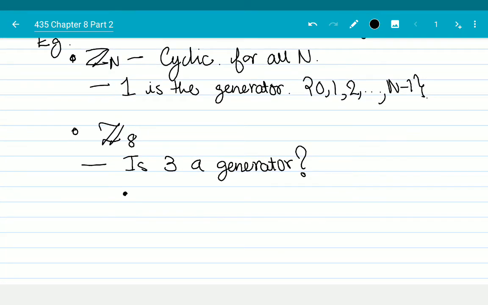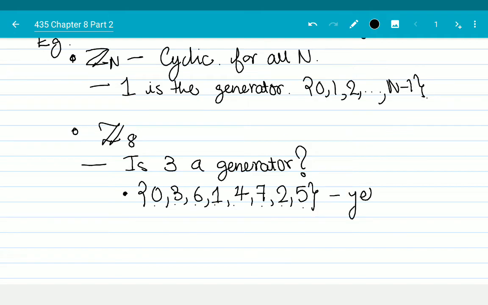Let's check. 0, 3, 3 plus 3 is 6. 6 plus 3 is 9, which is 1. 1 plus 3 is 4. 4 plus 3 is 7. 7 plus 3 is 10, which is 2. 2 plus 3 is 5. 5 plus 3 is 8, which is 0. And I have hit all 8 elements. So yes, it is a generator.